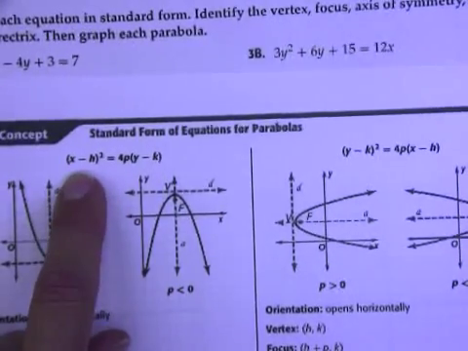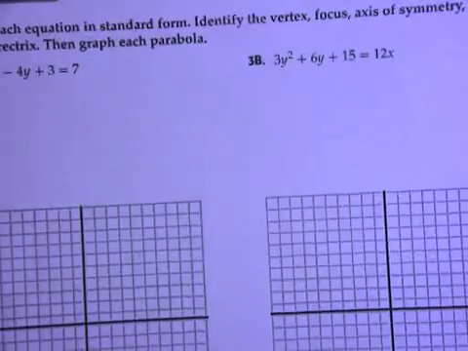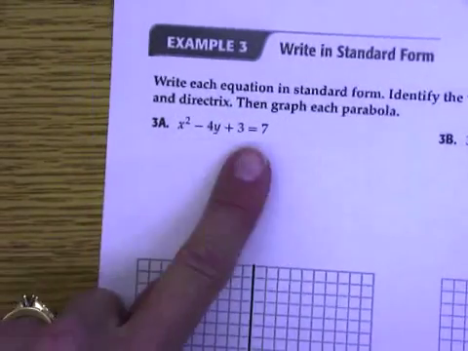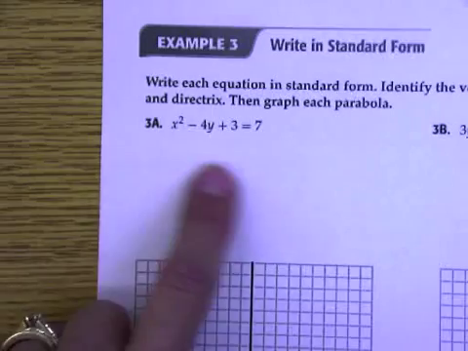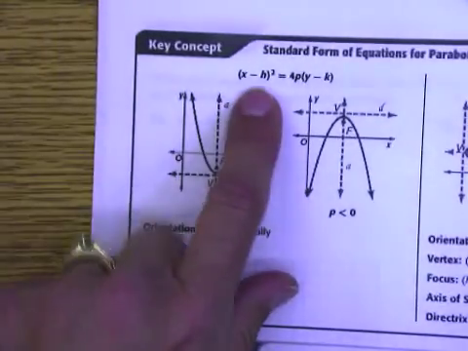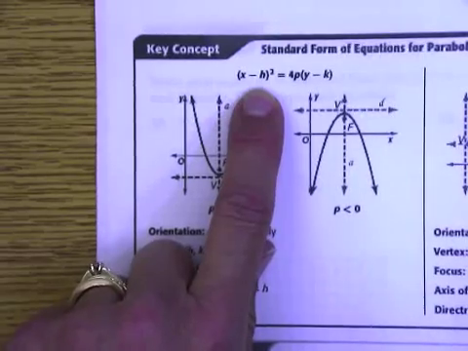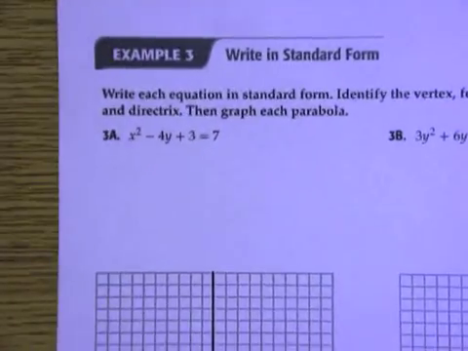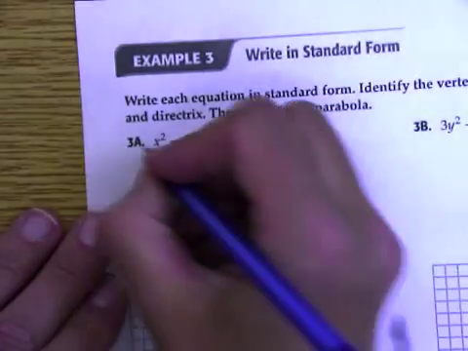For example, if I take x minus h quantity squared, that is not x squared minus h squared. I would have to FOIL this out, and somewhere in the process I would get an x term. So notice how here my x is being squared, but I don't have an x term.